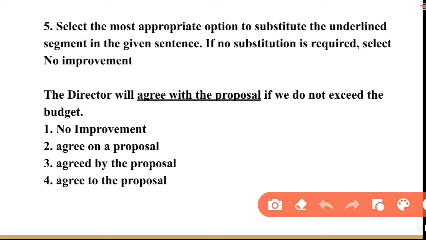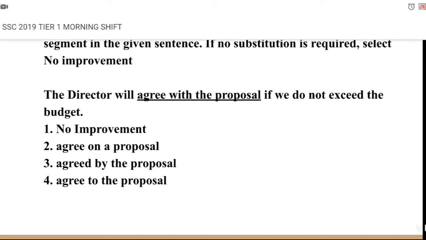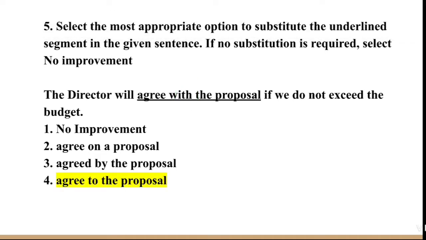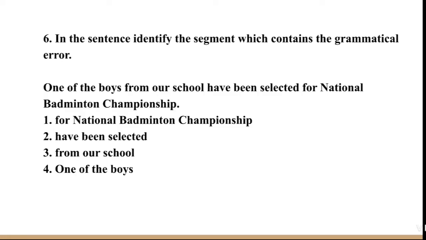So look at this. The director will agree with the proposal if we do not exceed the budget. In this case, it would not be agree with. The director will not agree with, it would be agree to. So the answer would be 4. Okay, let us look at another question.